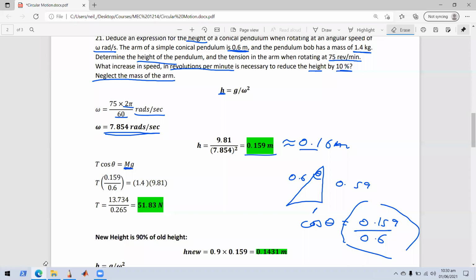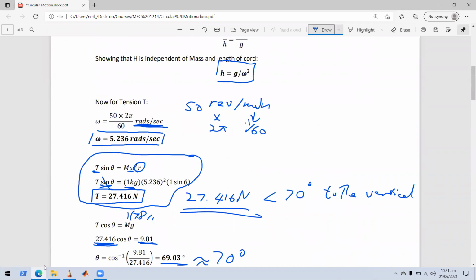Multiply these two, divide these two, carry over, simplify, you get something like this. Plug it into a calculator, you get 51.83 newtons. Now, what I'm also saying is that if you want to use the other formula, the sine formula, you can go ahead and use that as well.